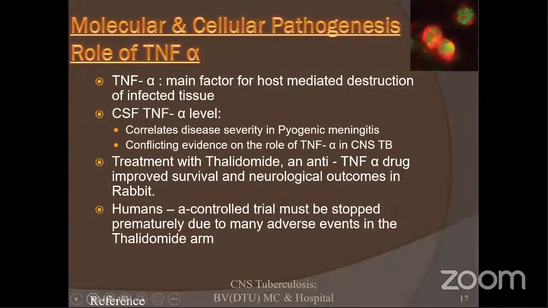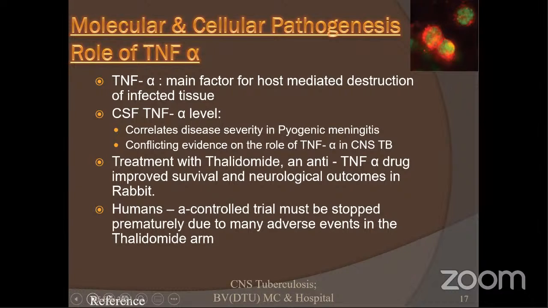Now, the molecular and cellular pathogenesis and the role of TNF alpha is hotly debated, the main factor for host mediated destruction of infected tissue. CSF TNF alpha correlates with disease severity in pyogenic meningitis also, but its role in tubercular meningitis is rather confusing.